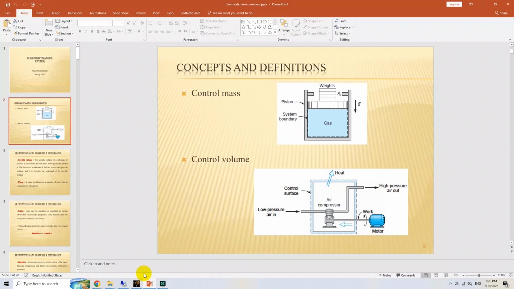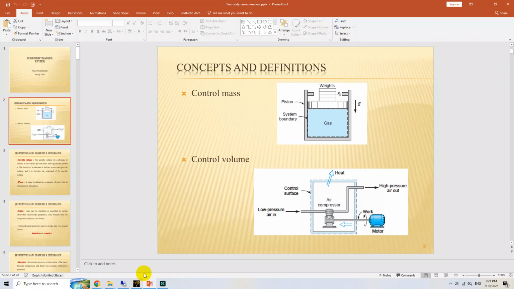A compressor is a device that converts electrical power to increase the pressure of the system. You see in the control volume, air with low pressure is input to the system and with high pressure is the outlet of the system. So the mass enters the system and exits from the control volume.